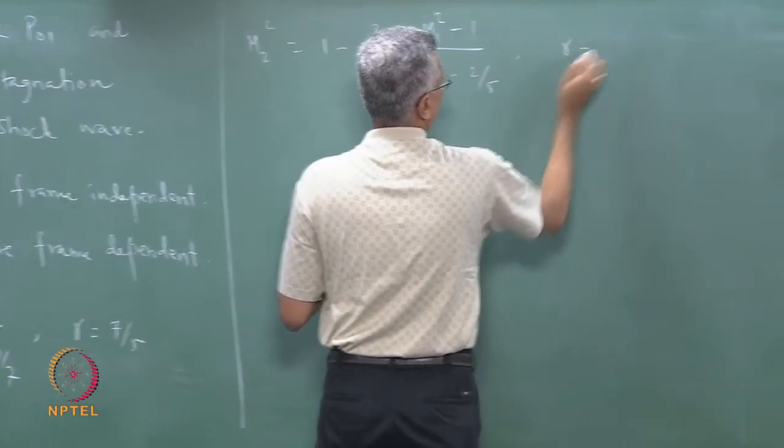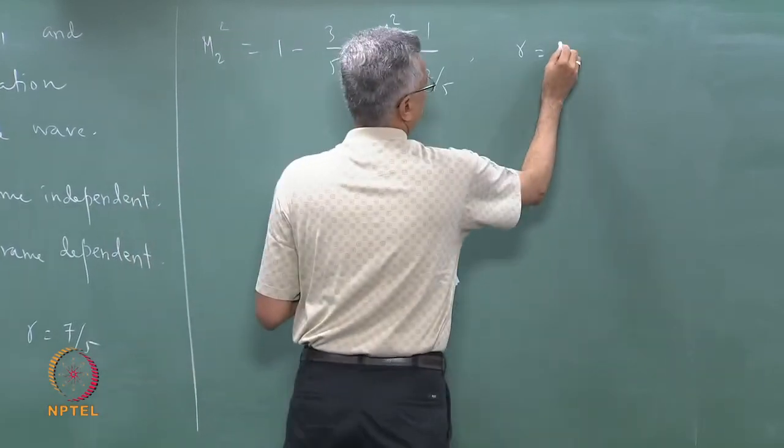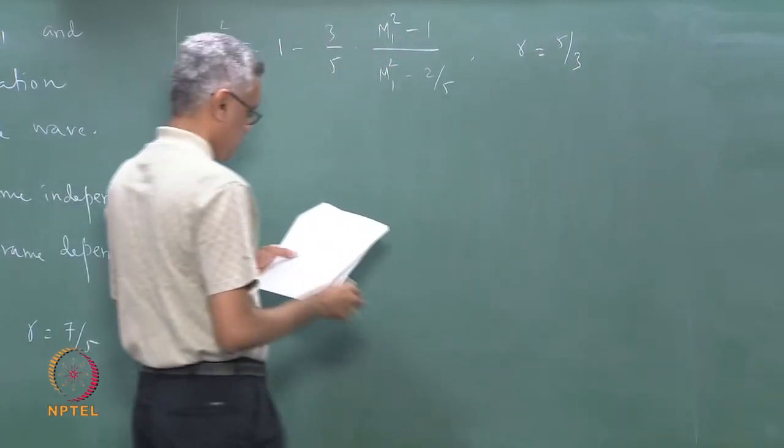So, this is for monatomic gases for which gamma is 5/3.